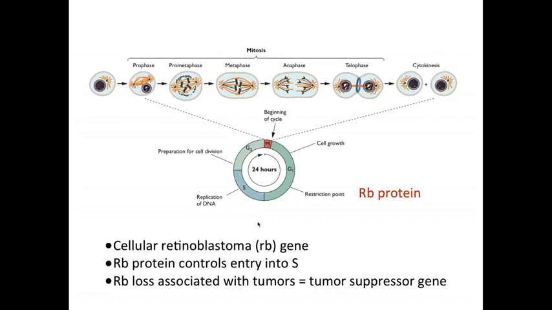Now, when you don't have the RB protein, in other words, if you have mutations in the genes encoding RB that prevent the synthesis of a functional RB protein, cells divide uncontrollably, and eventually they become tumorigenic. So this is why children without the RB protein or with mutations in it developed retinoblastomas because the RB protein wasn't around to control cell growth.